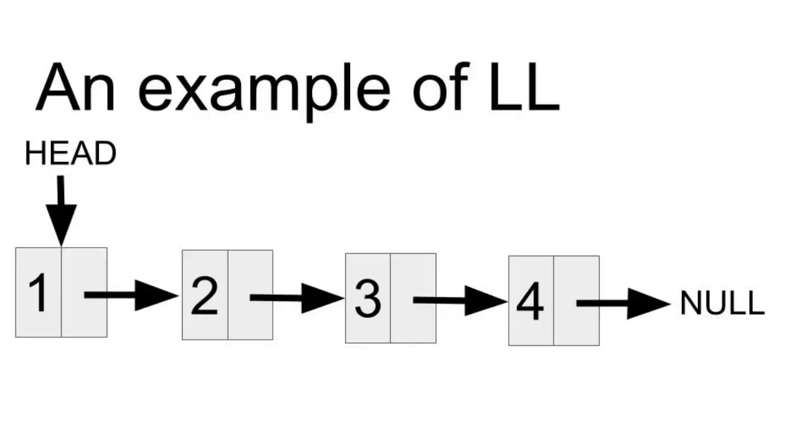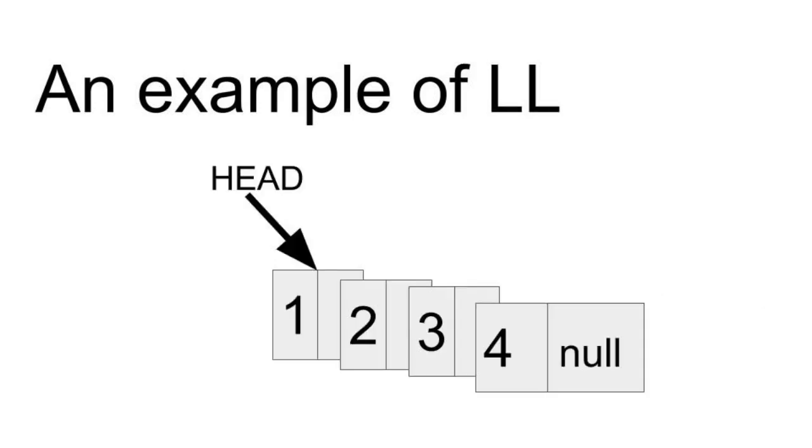Let us see an example of a linked list. This is an example of a linked list which consists of 4 elements, which starts with the head, and the list ends with the pointer field pointing to null, because after the last element there is no next element. That is why the pointer field has null. This entire list can be represented simply with the help of the head.